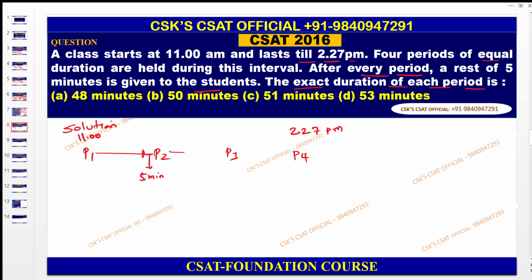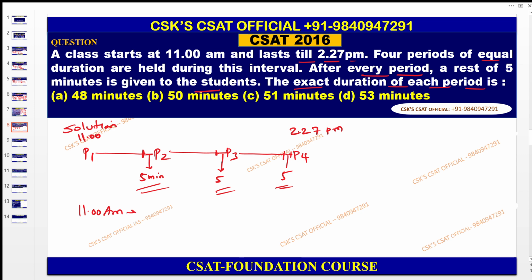Then period 2 completes, then again 5 minutes, and period 3 starts. Then again a 5 minute gap, then period 4. So there are 3 such 5 minute gaps. First of all, try to convert this.